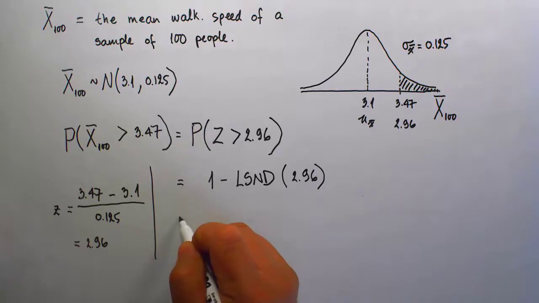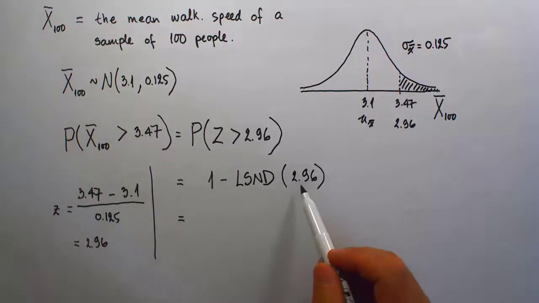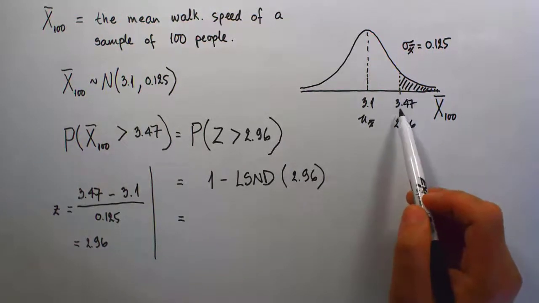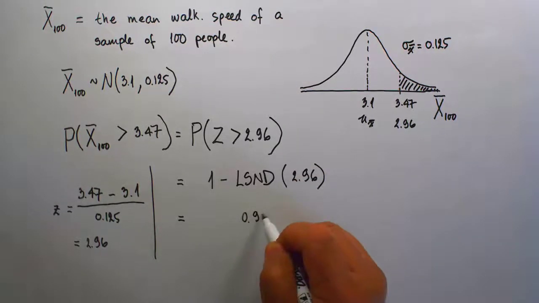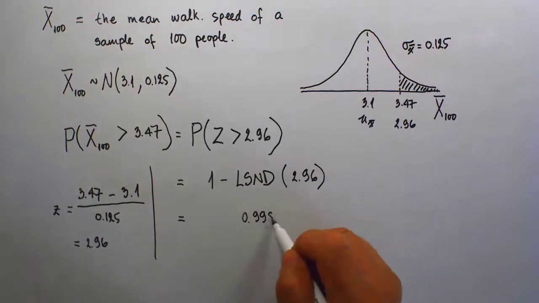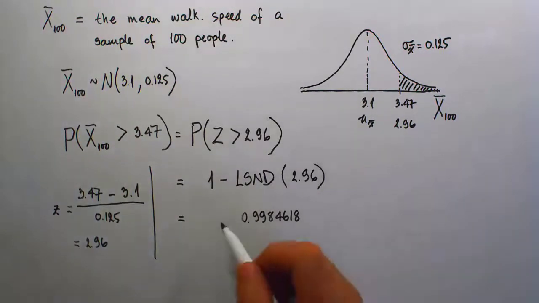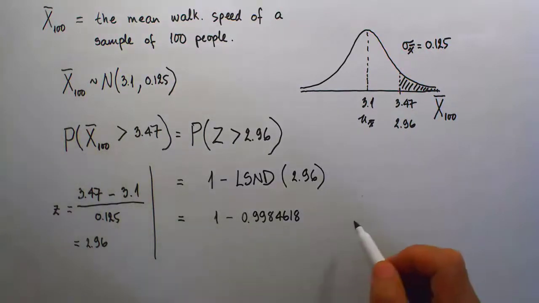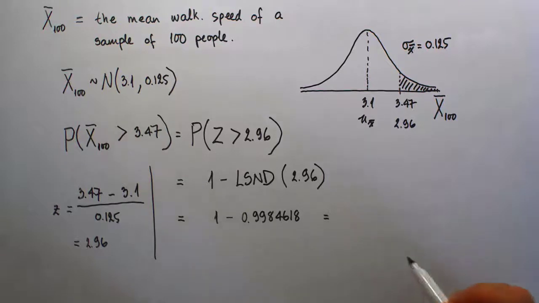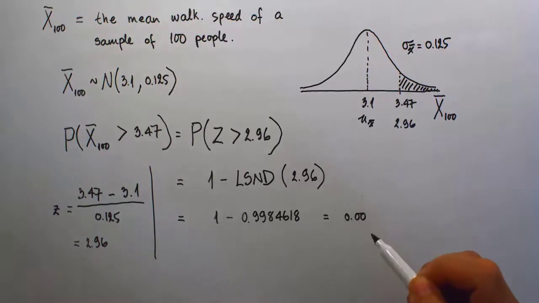The area to the left of z-score 2.96, or the area to the left of 3.47 on this bell curve, is 0.9984618. But then, as a reminder, we're subtracting this from 1. And so our final answer in 4 decimal places comes out to be 0.0014.